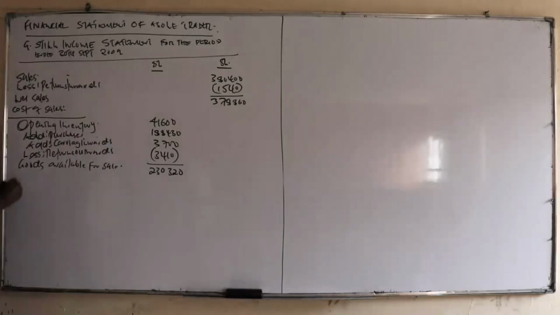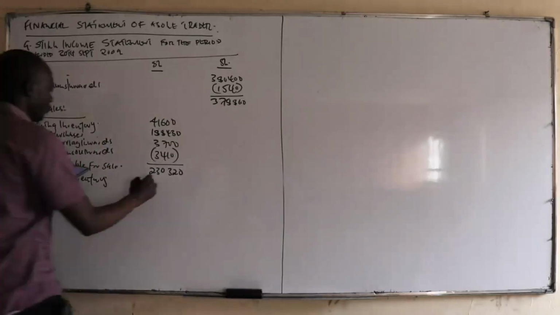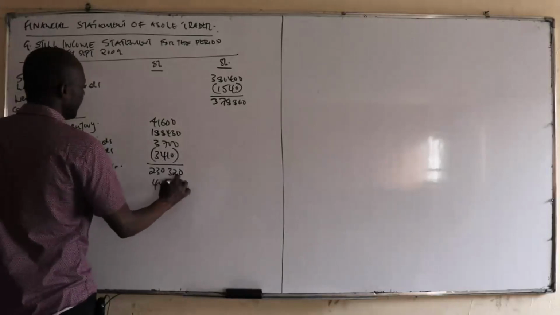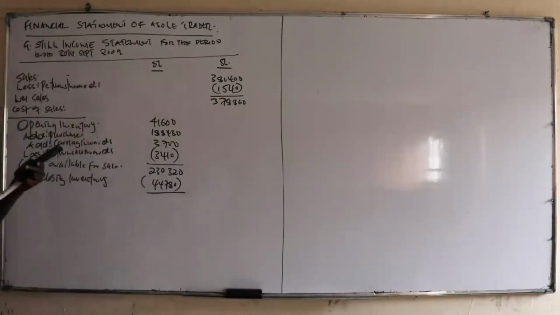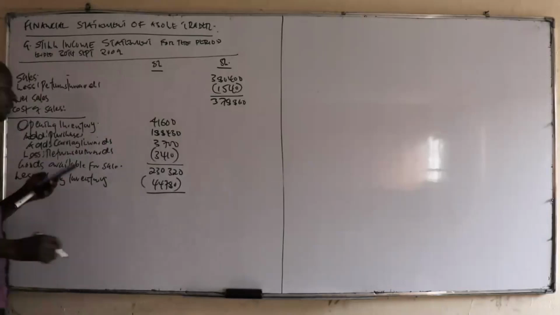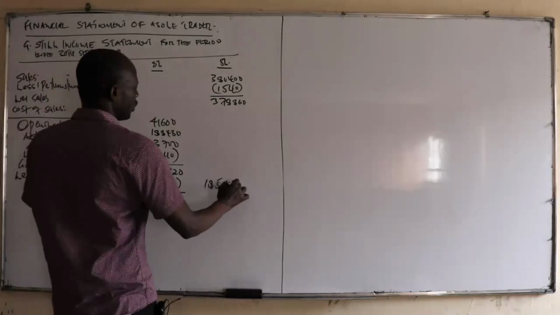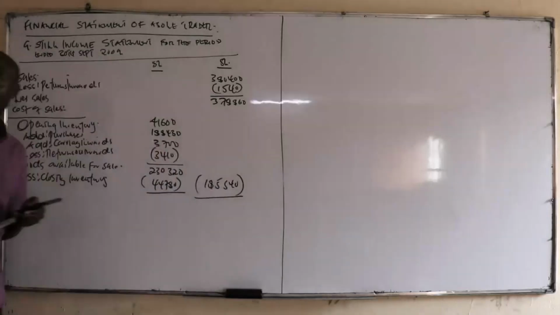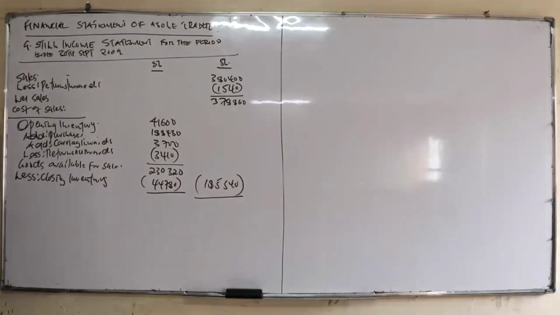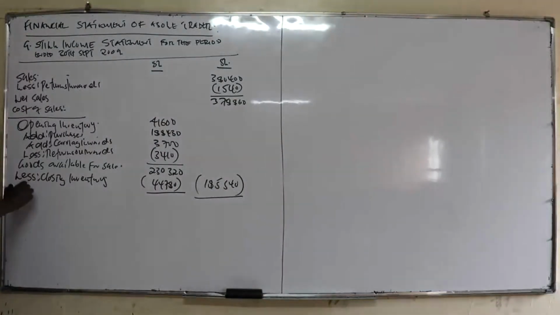And then you less closing stock or closing inventory, which is 44,780. It is down there after the trial balance. Then when you do that computation, you get 185,540. Then you get the gross profit here.